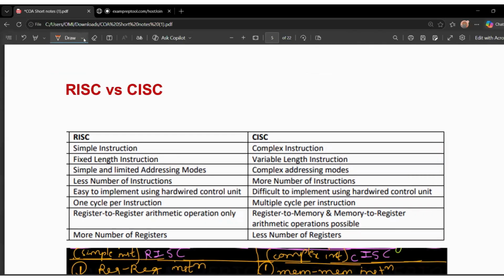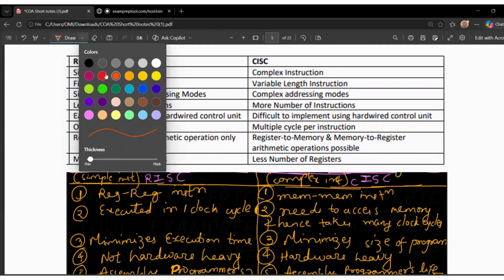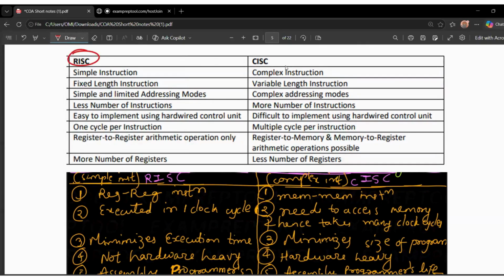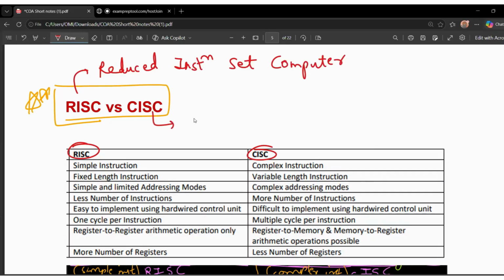Now we will see the difference between RISC and CISC. Here also direct PYQs come. If you know the definition and the concept, what RISC is and what CISC is, you can easily solve them. RISC means Reduced Instruction Set Computer, and CISC means Complex Instruction Set Computer.